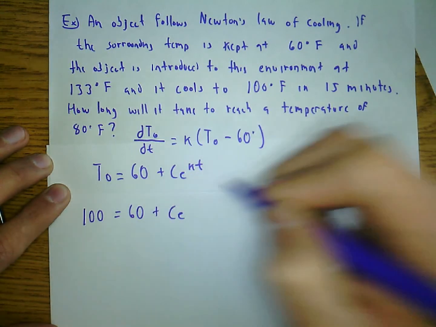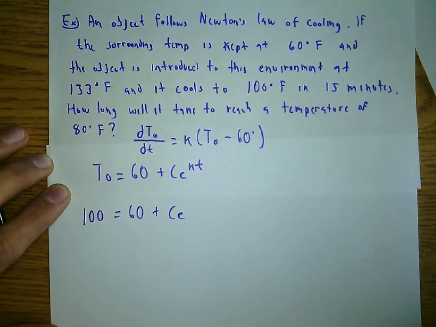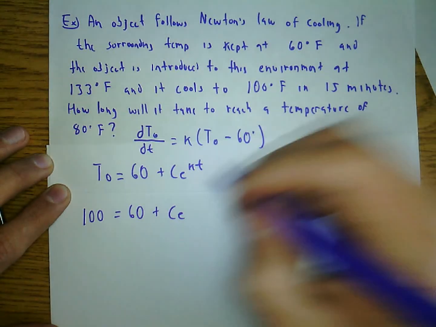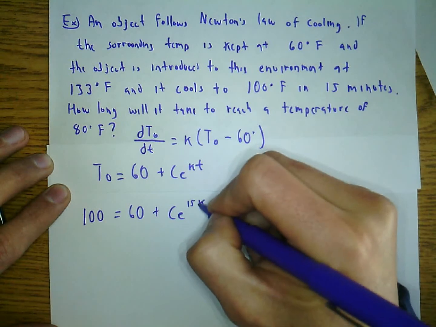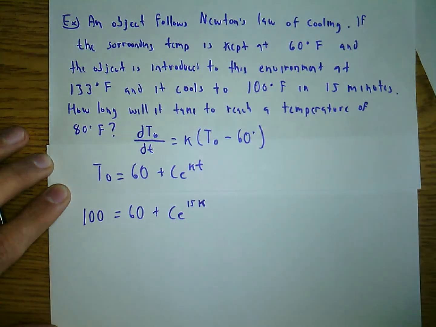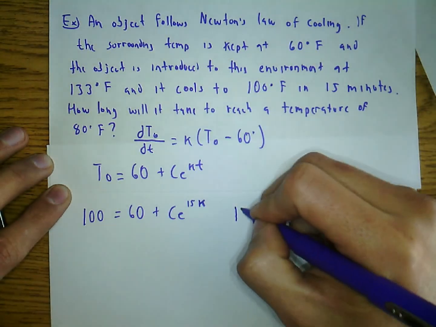Well, we have an issue there because I have two unknowns, so I don't know how I can solve for any of those if I have two unknowns. When t is equal to 0, isn't the temperature 133? Good. So I suggest that you start out with the initial. So 133 is equal to 60 plus C e to the 0 times k. Agreed?